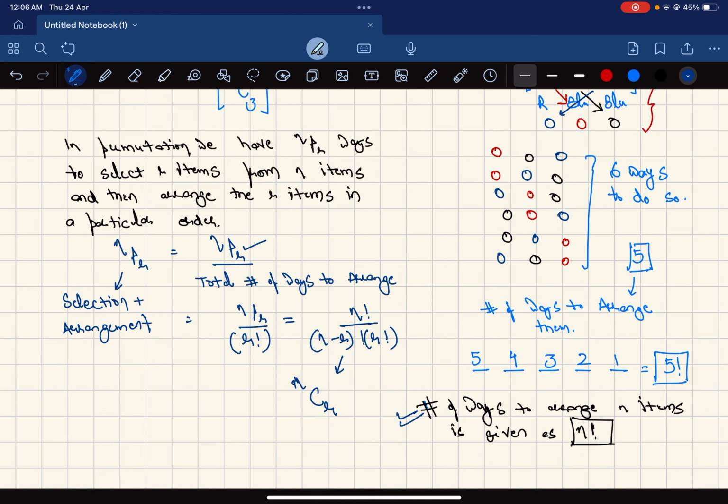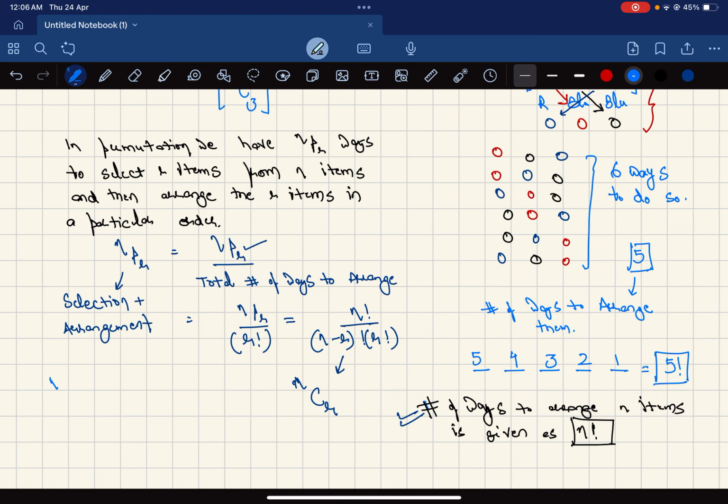So we can write here the generalized formula for nCr as n factorial divided by n minus r factorial multiplied by r factorial. So this is how we get the number of combinations or the number of ways to select r items from a total of n items.